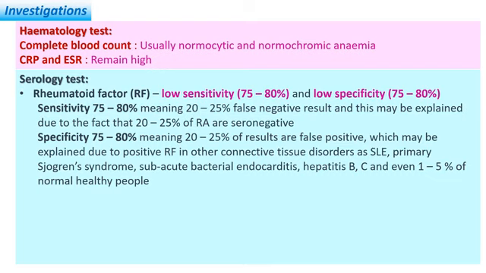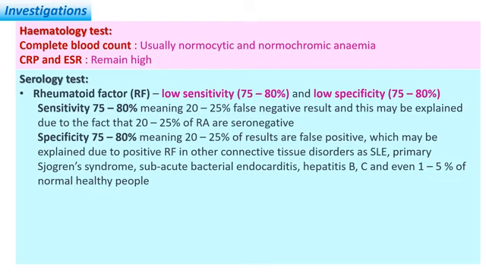Regarding rheumatoid factor, it has low sensitivity and low specificity. Sensitivity 75 to 80%, meaning 20 to 25% false negative result, and this may be explained due to the fact that 20 to 25% of rheumatoid arthritis are seronegative.